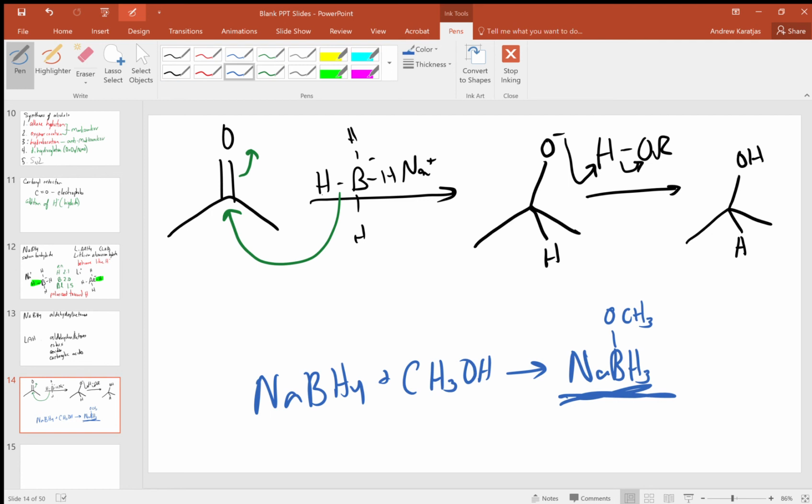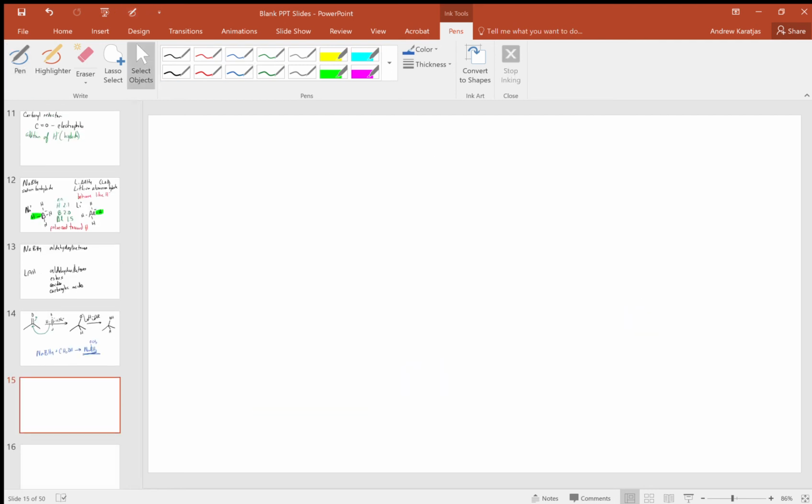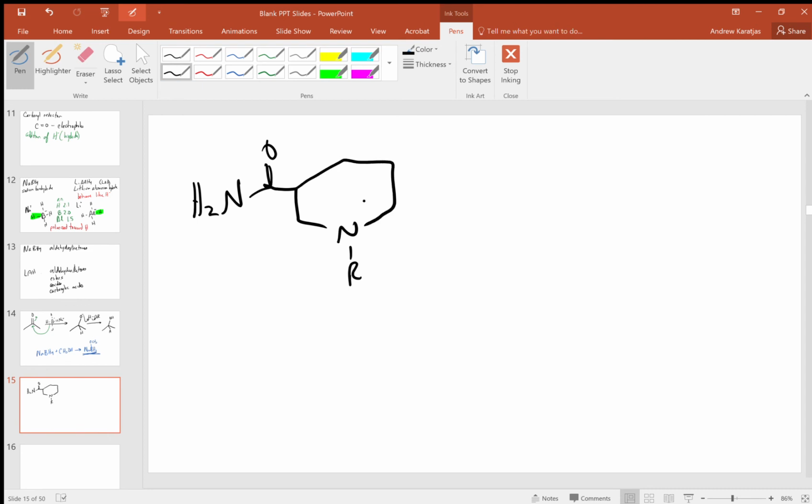But reduction of aldehydes and ketones is a really important reaction in many contexts. So if you ever see this compound, this is a compound which you'll see biologically. NADH. If you ever see NADH, NADH helps with electron transfers. So you see that an oxidation or reduction is going to be taking place.